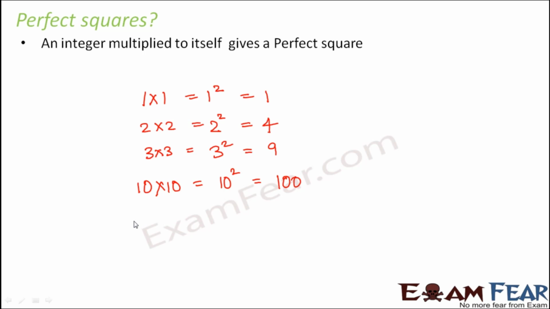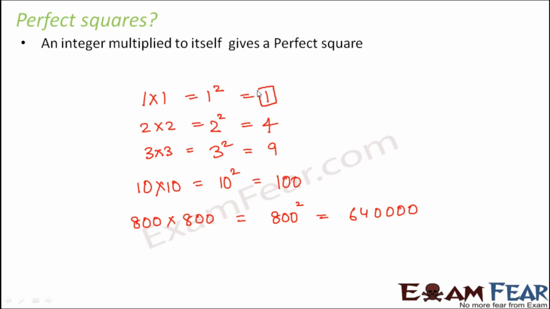If you have something like 800 multiplied by 800, what does it give? It gives 800 square, which is 640,000. So this is also a perfect square.